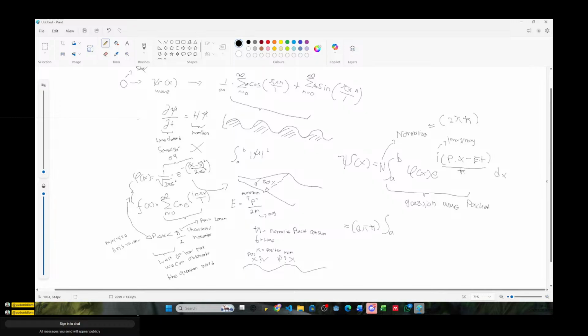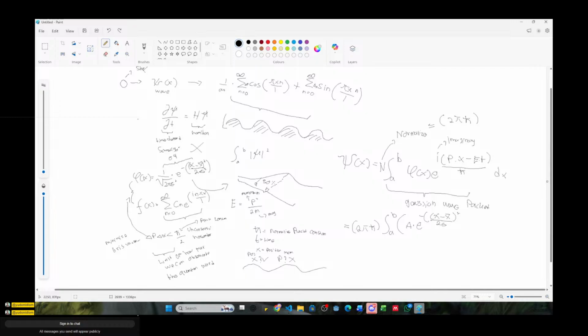We can use this normalization, or we can use other things, but we're not going to use it. We're going to use the normal one.